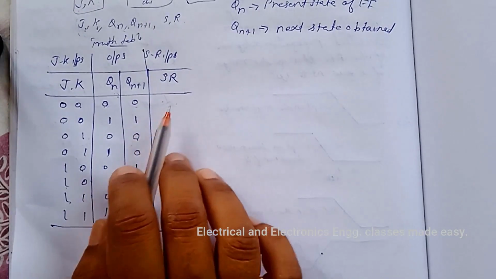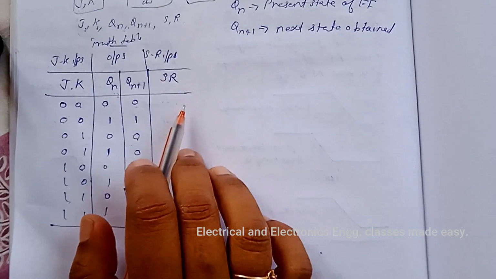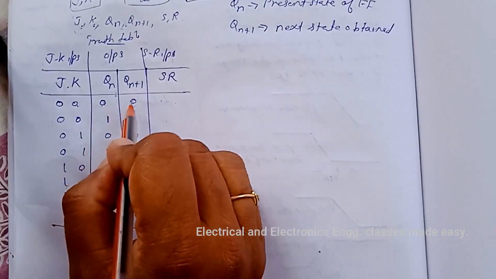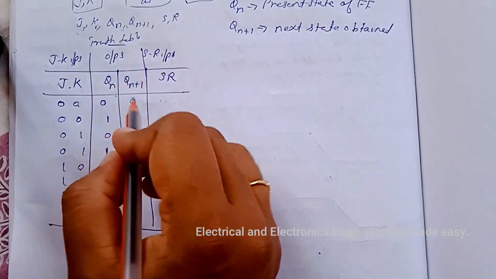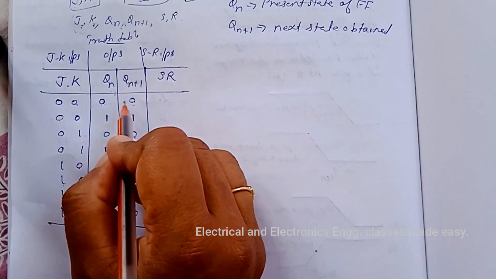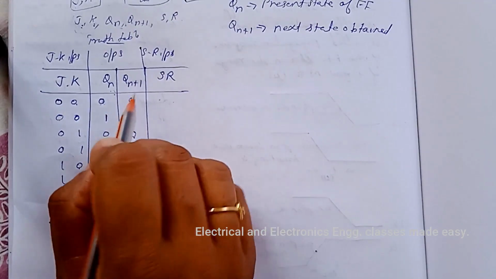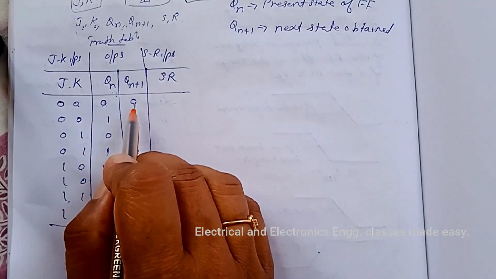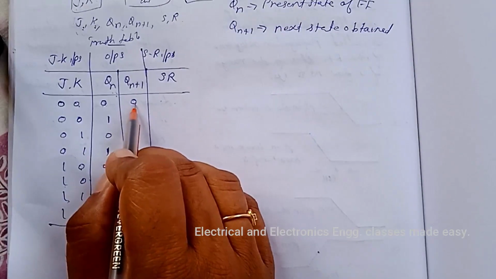So this is the difficult portion while designing the conversion. That is here, 0 0, that is 0 is the output. So here the next state to be obtained is 0.